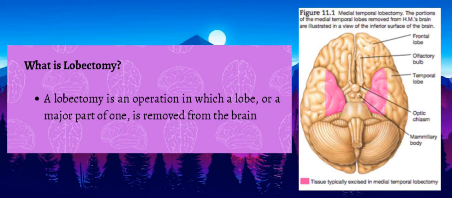We must know what a lobectomy is. A lobectomy is an operation in which a lobe or a major part of one is removed from the brain. A lobotomy is an operation in which a lobe or major part of one is separated from the rest of the brain by a large cut but is not removed.